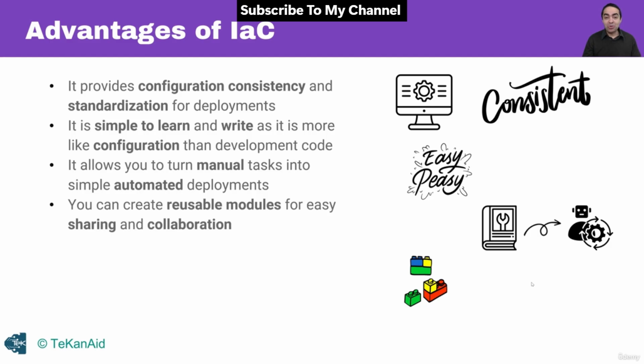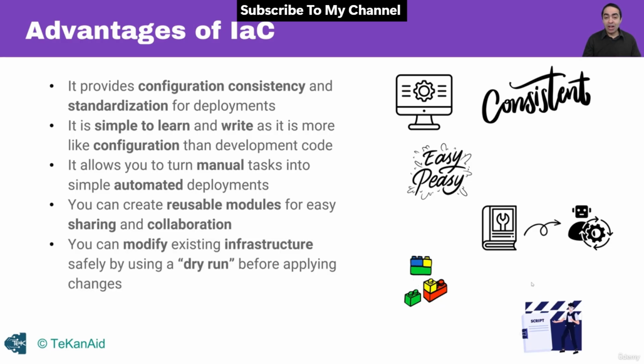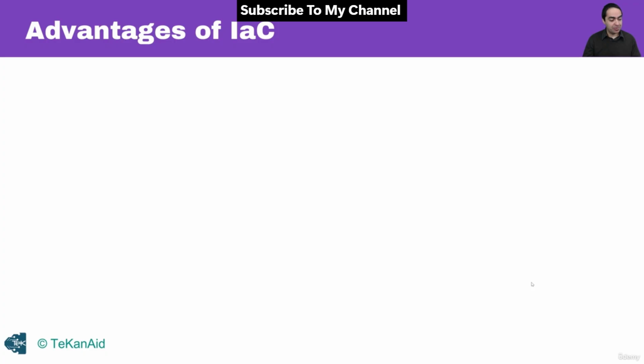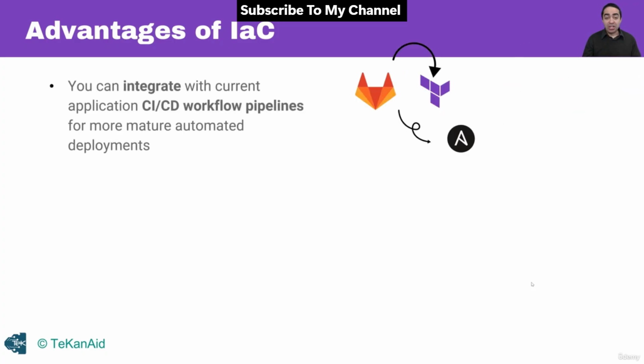You can create reusable modules for easy sharing and collaboration. You can modify existing infrastructure safely by using a dry run before applying changes. You can integrate with current application CI/CD workflow pipelines for more mature automated deployments.